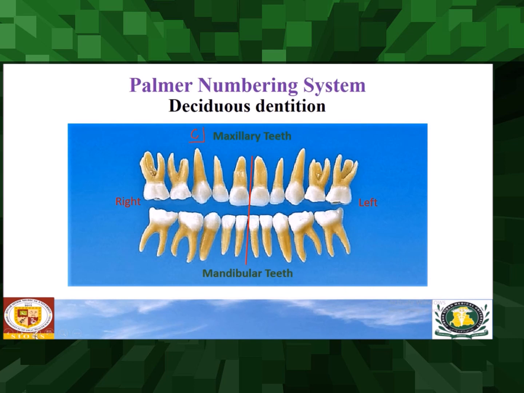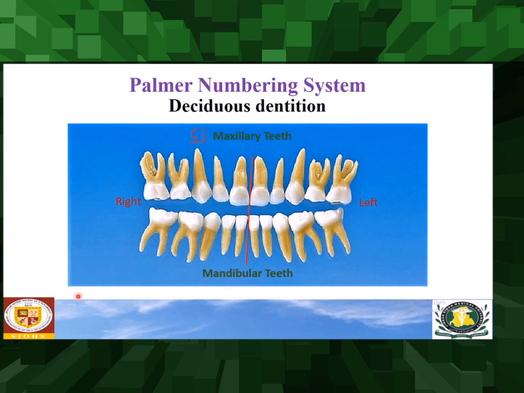Now, maxillary left second molar. This tooth is the maxillary left second molar. This is central incisor, lateral incisor, canine, first molar and the second molar.